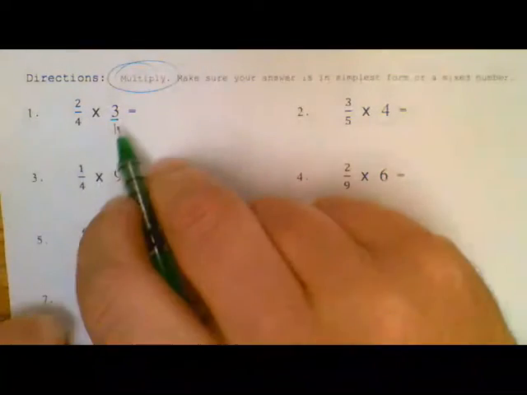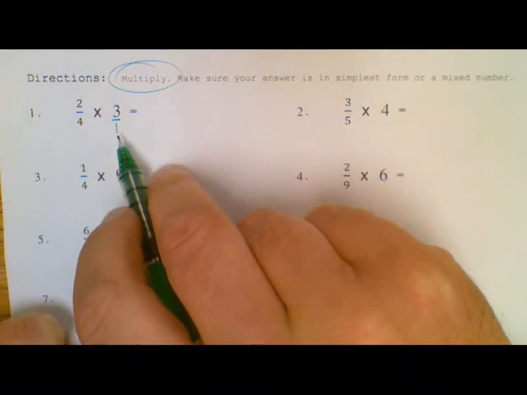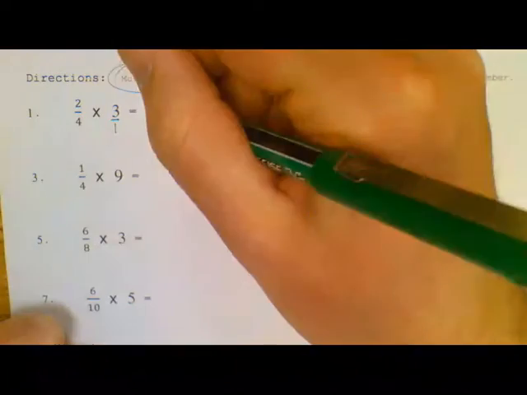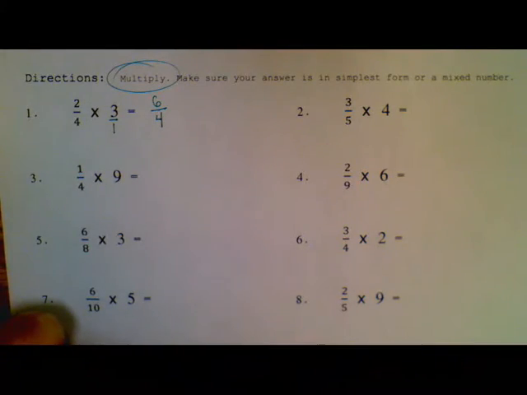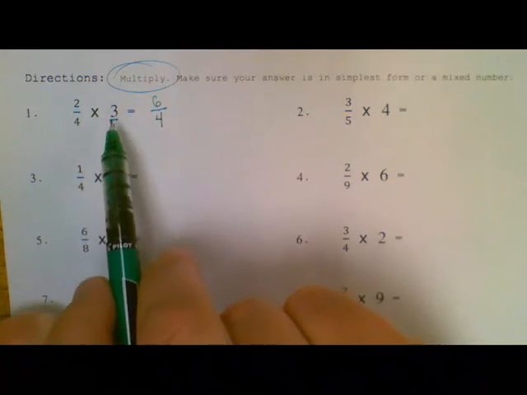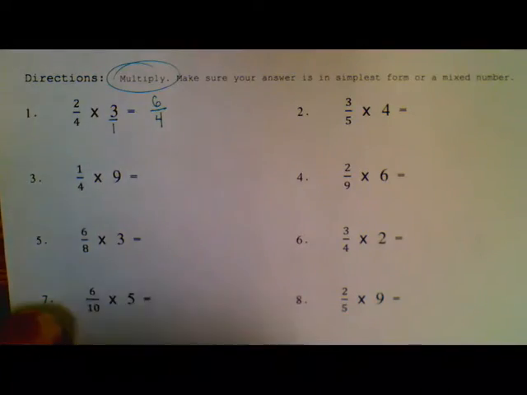You put the whole number over a 1, like putting it on a pedestal. Okay, so 2 times 3 is 6, and 4 times 1 is 4. So I can still multiply after I turn my whole number into a fraction, all right?